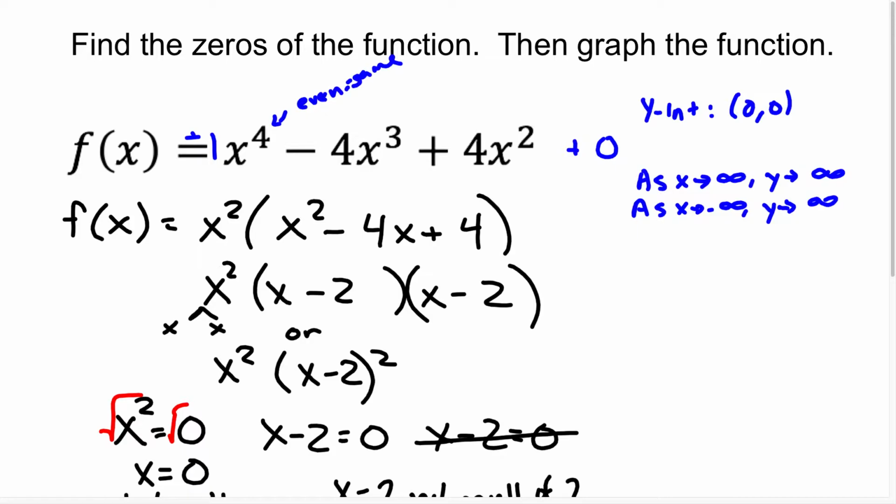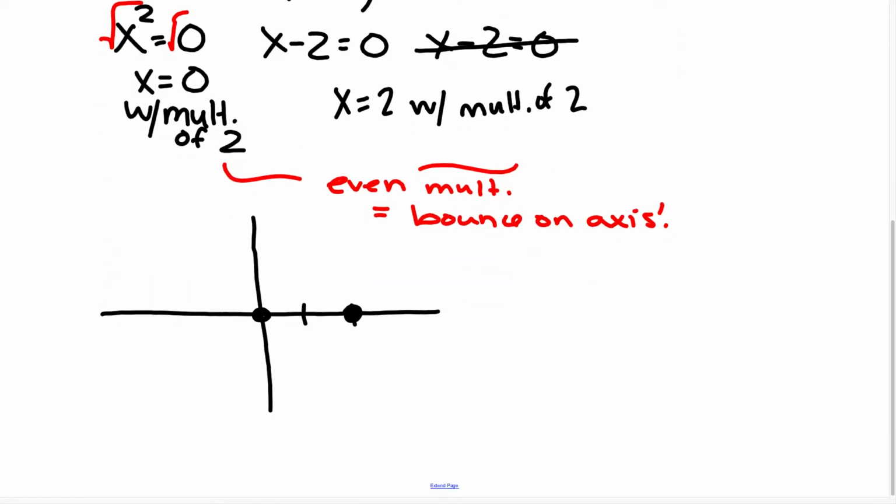Okay. So when I take that end behavior back to this graph down at the bottom, I only have 2 points. But I know on the left side, I have to be rising. And on the right side, I have to be rising. Right? We just said that y's were going to positive infinities.